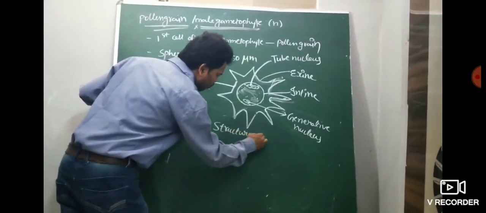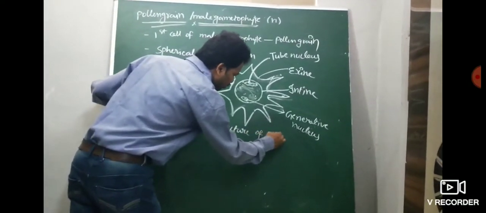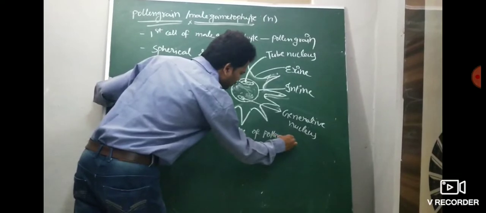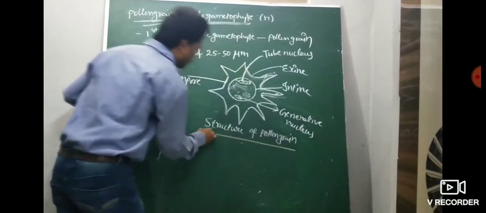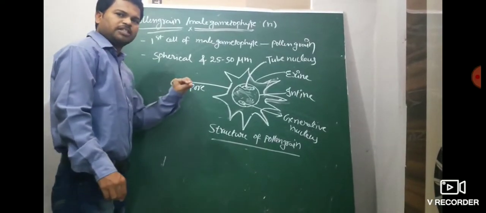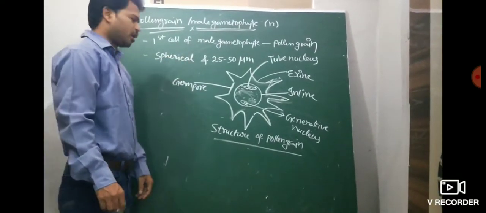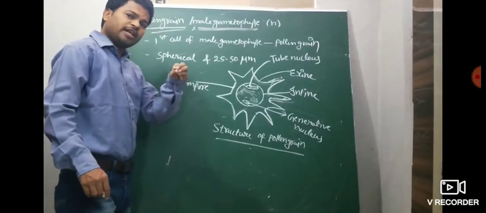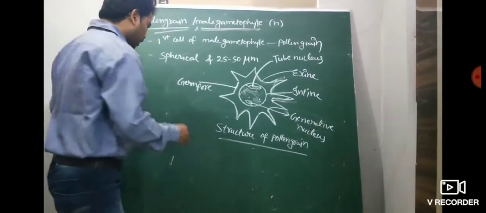See here, the pollen grain is spherical in structure and the measurement is 25 to 50 micrometer in diameter. The pollen grain has two important wall layers.